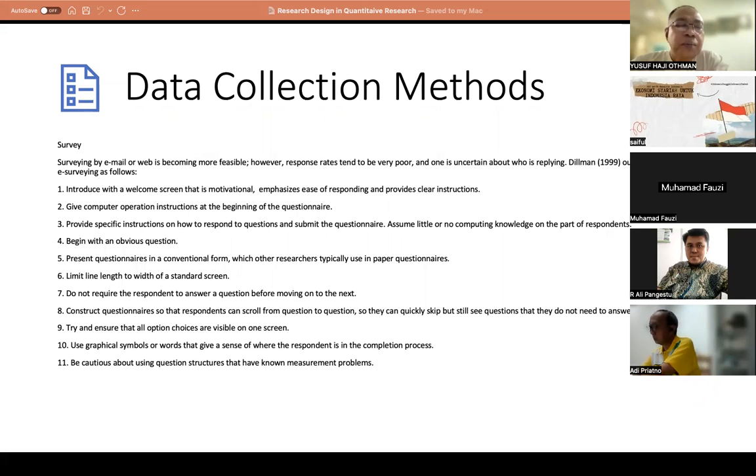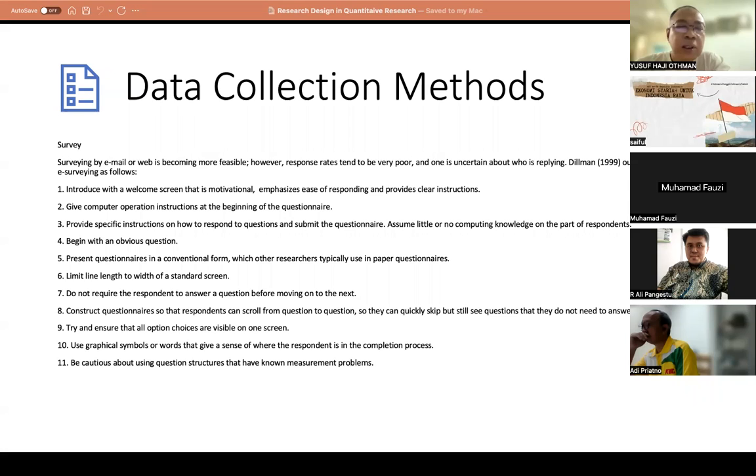Before you construct the questionnaire items, it has to go through the test of face validity, content validity, and pilot study. Yeah, and I would suggest that you don't construct your own questionnaires.